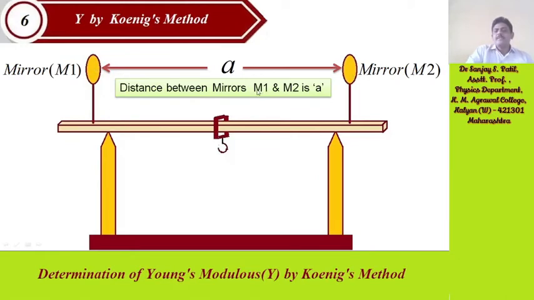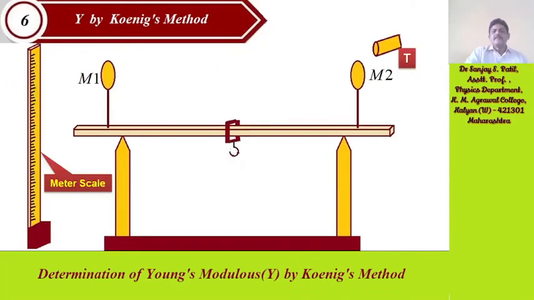The distance between the two mirrors M1 and M2 is denoted with the letter small a, and this is a hook for attaching weights. See, there is a meter scale, mirror M1, mirror M2, this is a beam and this is the telescope. So the whole apparatus is now ready to take readings.